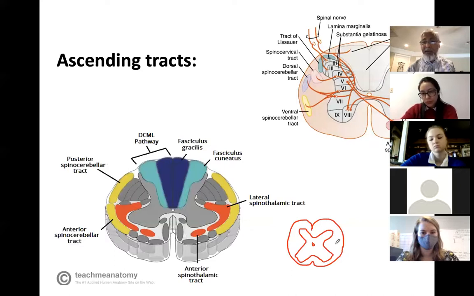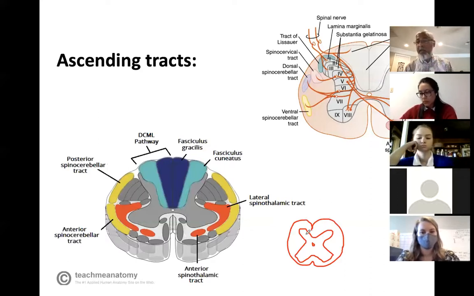These are nerve fibers, and this is somehow an H-shaped or cross-shaped thing. This we call gray matter. Gray matter means these areas contain cell bodies, and these are all nerve fibers. When a nerve coming from outside wants to synapse, it has to synapse here because it has to synapse with the cell body.